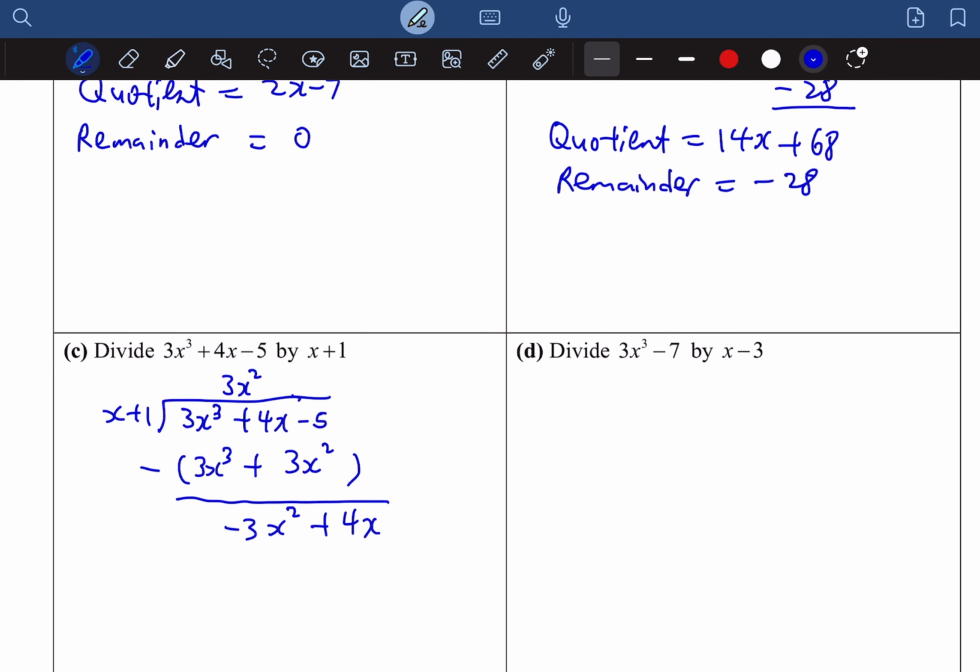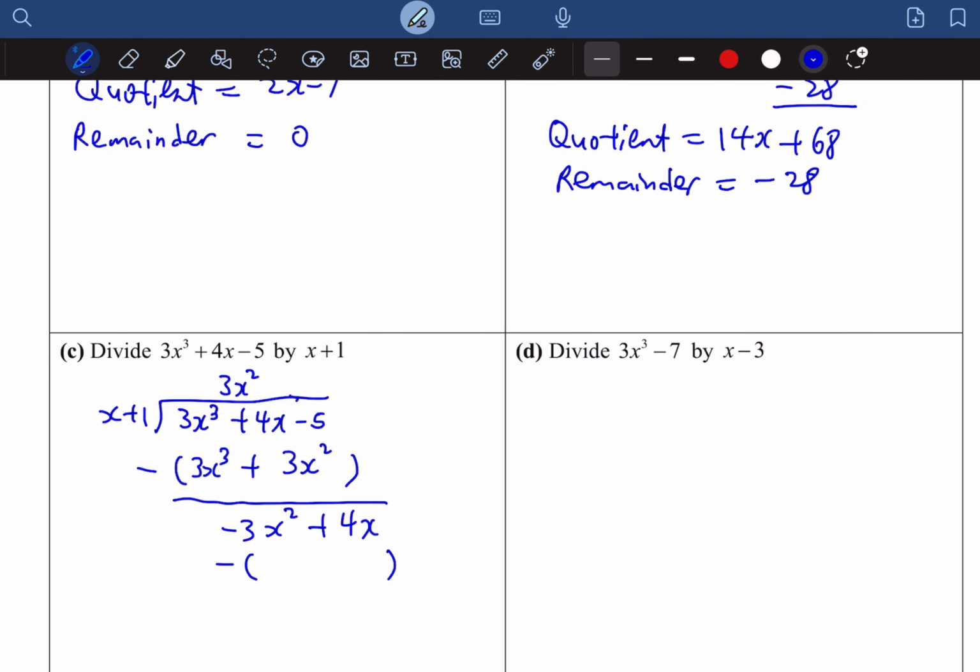So to remove negative 3x squared, I need to have negative 3x. So negative 3x times x plus 1, I'll have negative 3x squared minus 3x. So it is negative 3x squared minus negative 3x squared.